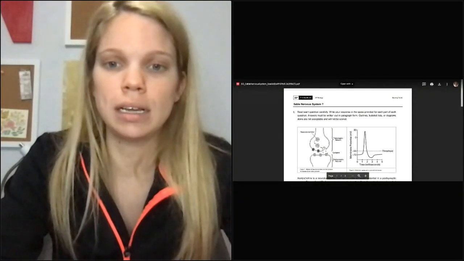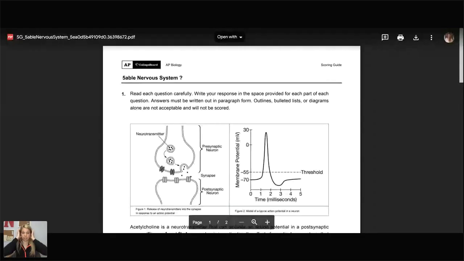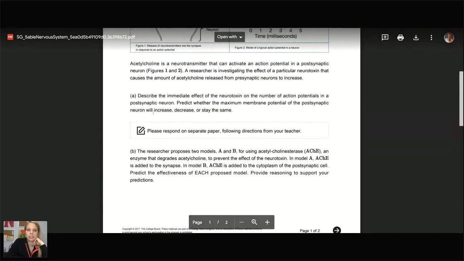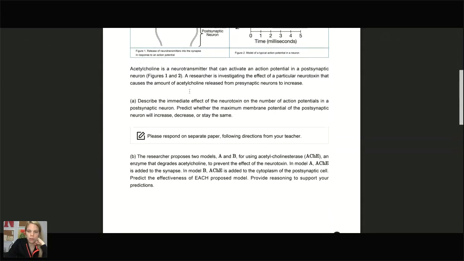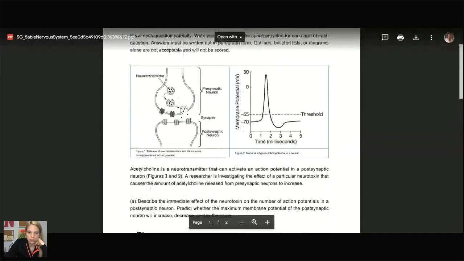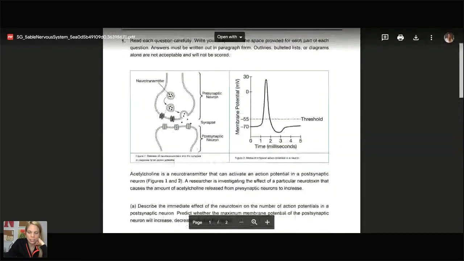So here's the scoring guide for the nervous system. So you can see here, got the questions. Describe the immediate effect of the neurotoxin on the number of action potentials. Okay, so this neurotoxin, it said, was that acetylcholinesterase or whatever.